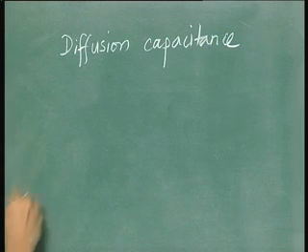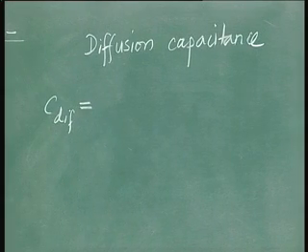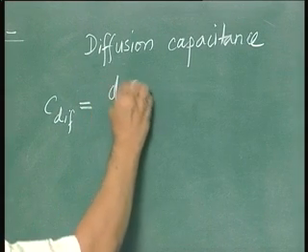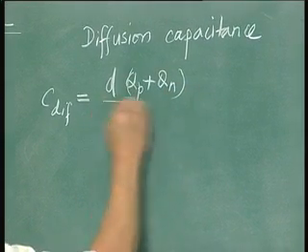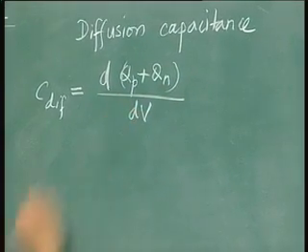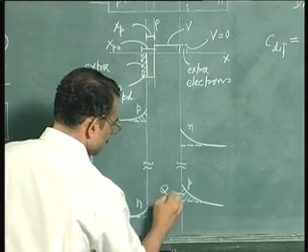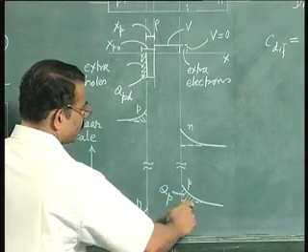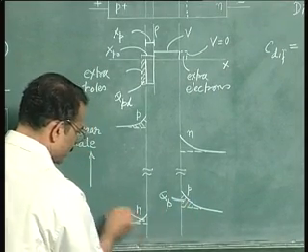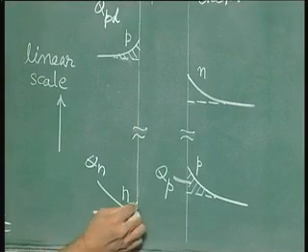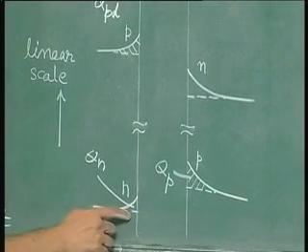So the diffusion capacitance can be written as the differential of the sum Qp plus Qn by dV, where Qp is this charge, which is the excess charge due to minority carrier stored on the n side, and Qn is this charge, the area under this excess carrier concentration stored on the p side.